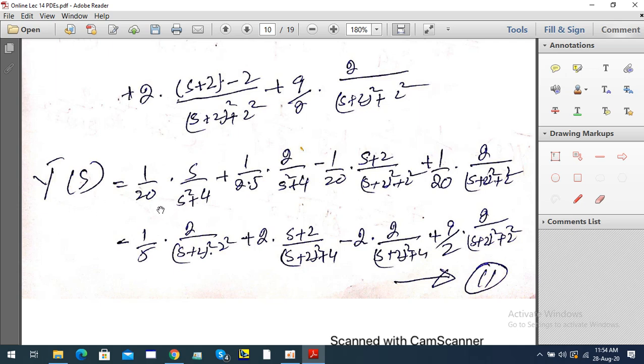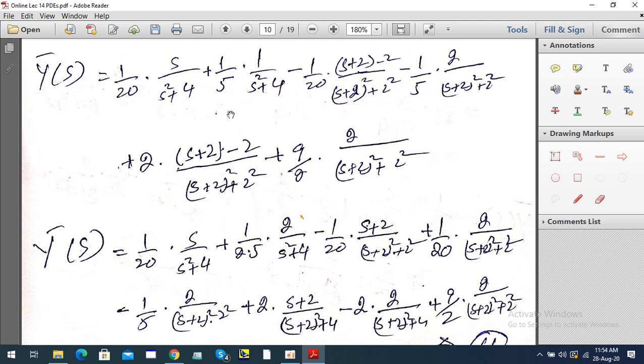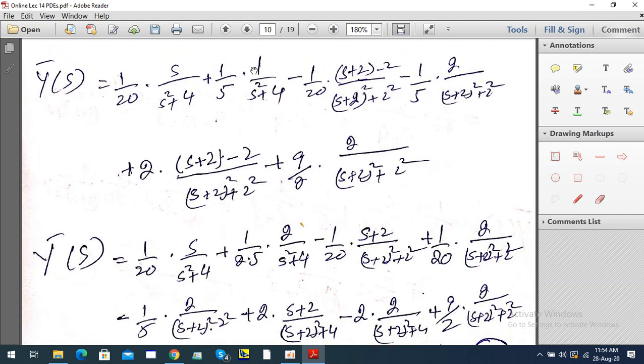Now I move on to simplify this more. This one is 1 by 20 s over s square plus 4, and again I need to multiply by 2 here because there is no formula now. When we multiply by 2 here and divide by 2 here, it becomes the formula for sine 2t.